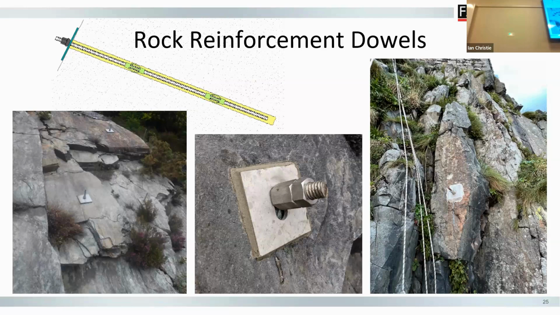So ideally, you would install these such that they're working in a combination of shear and pull-out, so you're getting the best of both properties. But again, depending on your site geometry and access, things like that, if they're installed perpendicular to the failure plane, then it will just be working in shear.